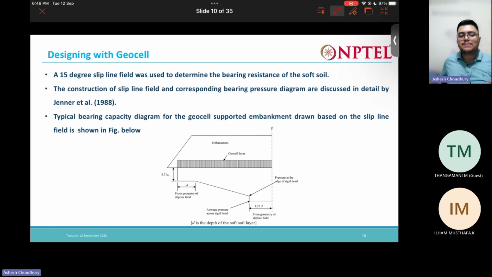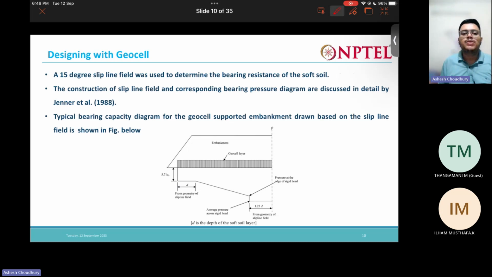A typical bearing pressure diagram for the geocell supported embankment, drawn based on the slip line field, is shown in the figure. You can see we have the embankment at the top, and we have put a geocell layer at the bottom of the embankment so that the embankment can rest over the geocell layer. It provides the stiffness.